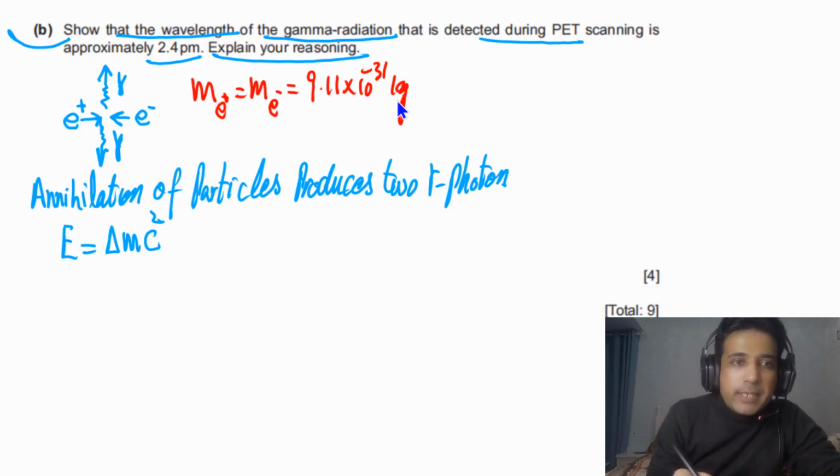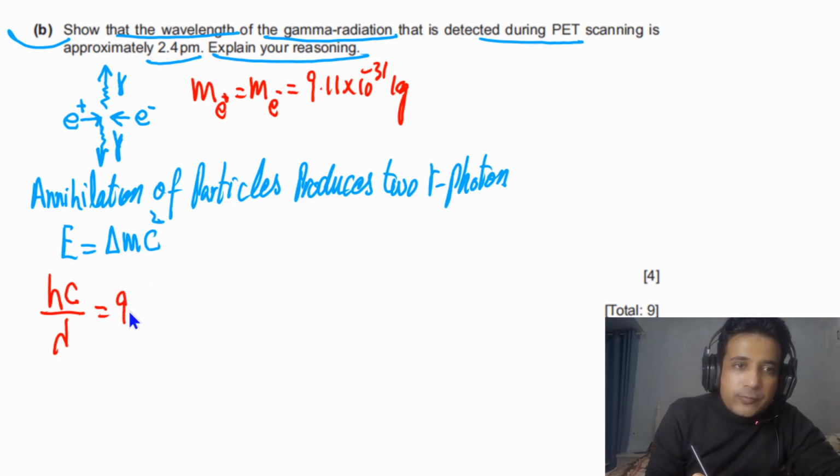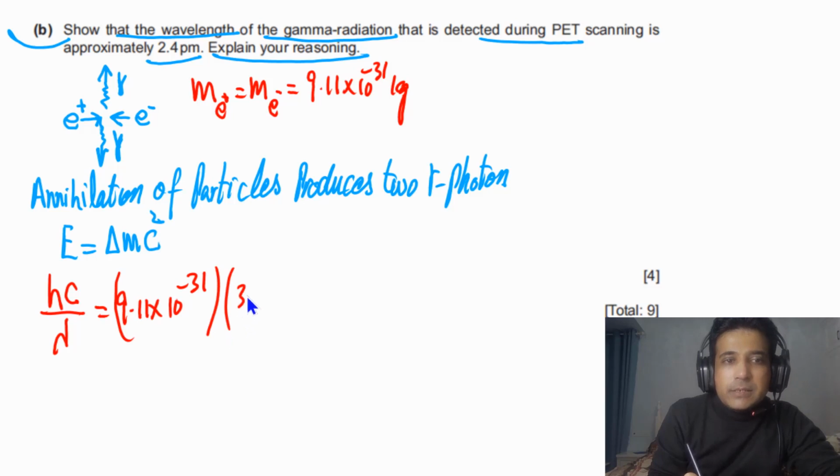We need to calculate wavelength. So simply, hc over lambda is equal to delta m c squared. We have to use the energy of a single particle, which is 9.11 times 10 to minus 31 kg, and c is 3.00 times 10 to 8 meters per second, and this has to be squared because c squared.